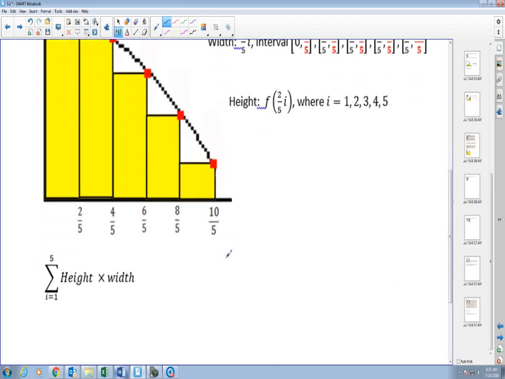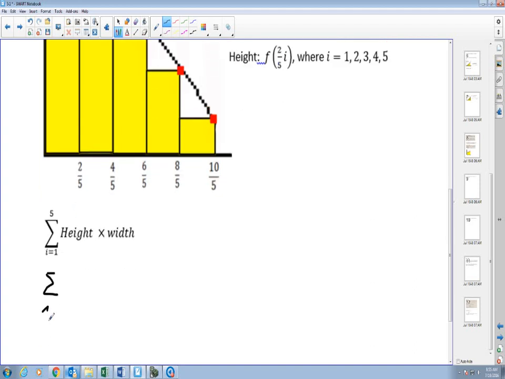I'm going to put it into my function. So this is going to be the sum of i equal to 1 through 5. My height is f of 2 over 5i times the width. Every width is equal, so every width is 2/5 at a time.